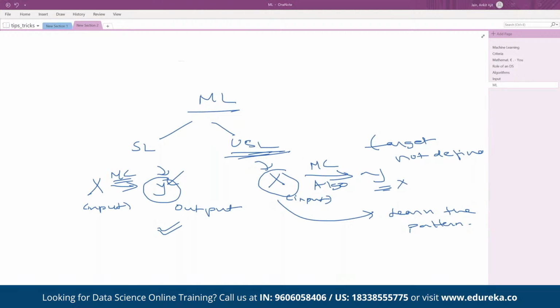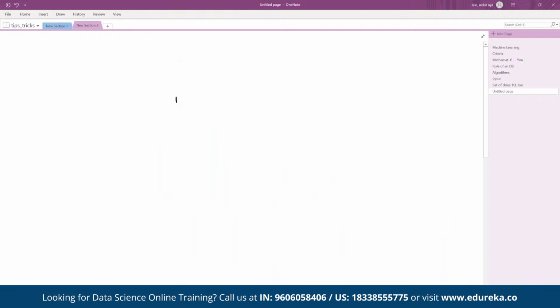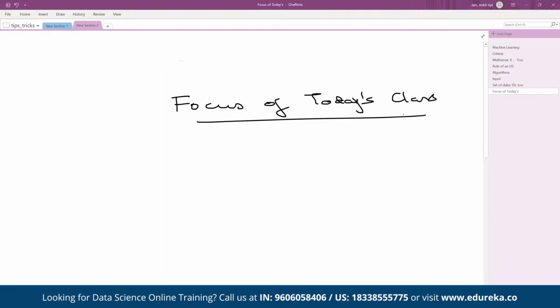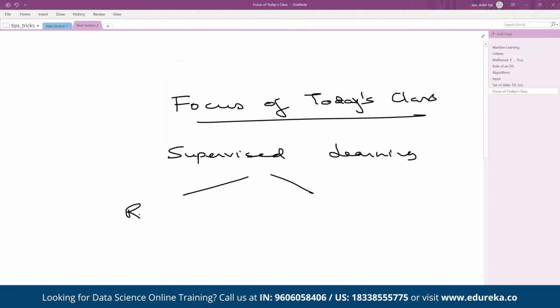Now let's come to today's focus. The focus of today's class is supervised learning. In supervised learning, as I explained, there are two types: regression and classification.